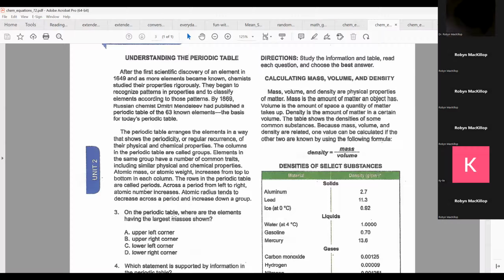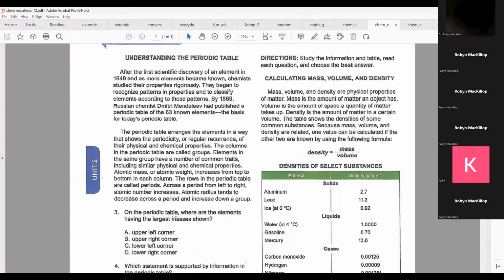So then we come over to the second column and we've got calculating mass, volume, and density. We've got the paragraph. There's a formula. We're not going to worry about any of that until we know what the questions want us to do. So we're going to come down here so we can see the table. And the first question, an unknown substance has a mass of 5.4 grams and a volume of 2 centimeters cubed. Based on information from the table, the substance most likely is what?